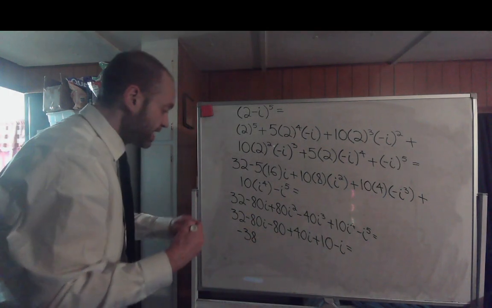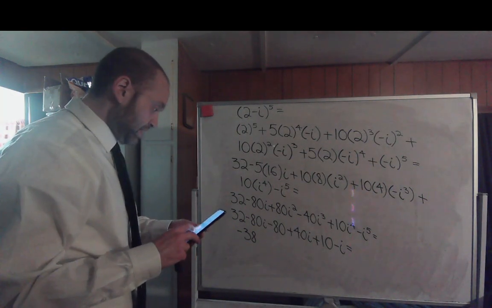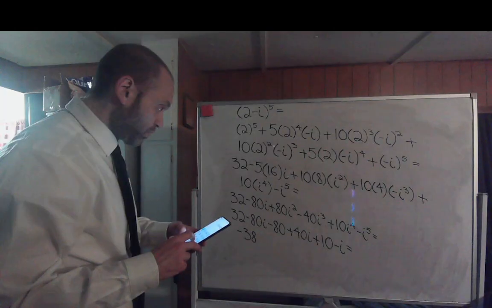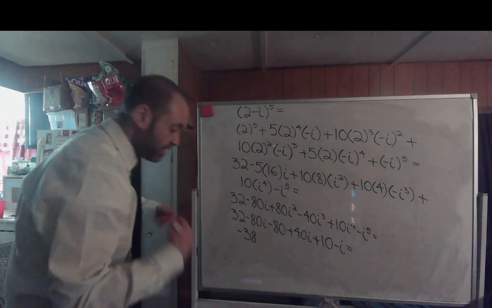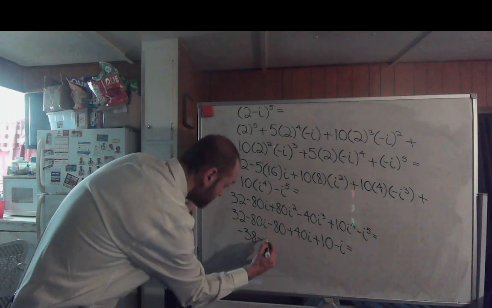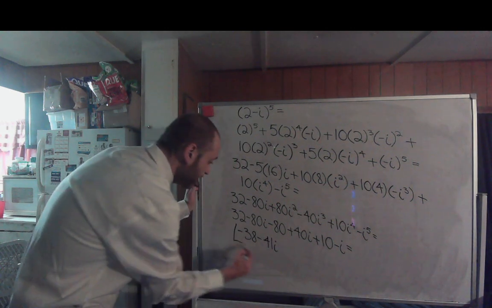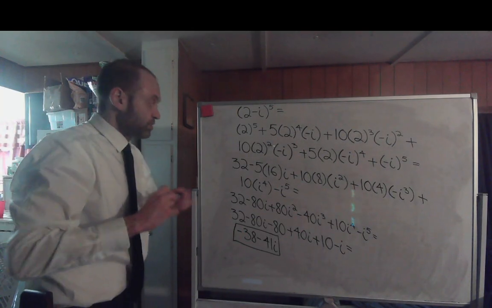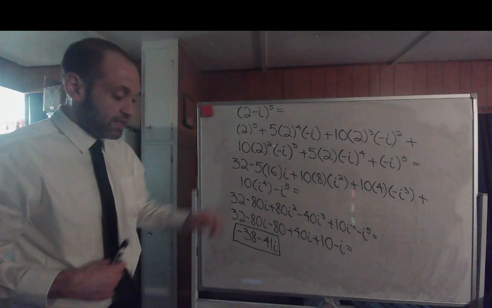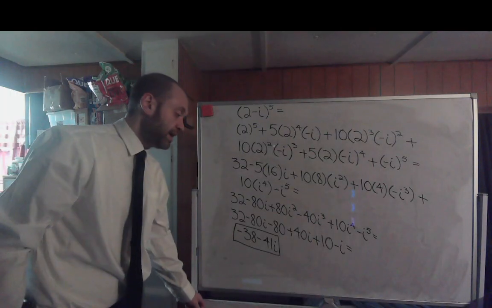And then let's go ahead and do the imaginary component. So negative 80 plus 40 minus 1. So you should end up getting negative 38 minus 41i as the final answer for your complex number. So 2 minus i raised to the fifth will expand into negative 38 minus 41i.